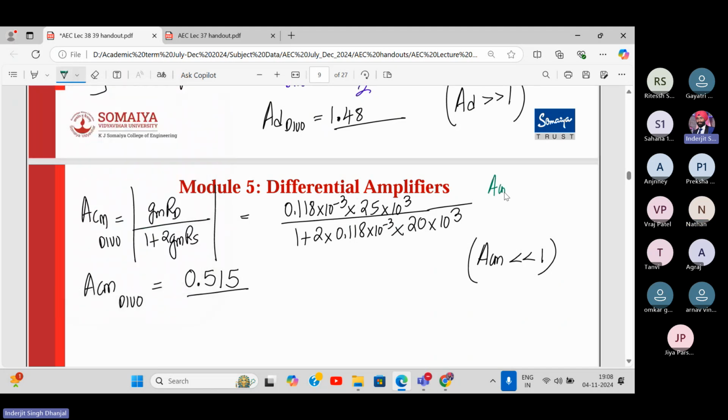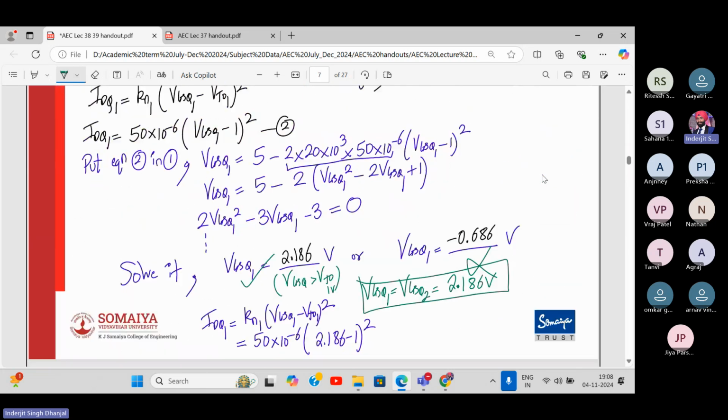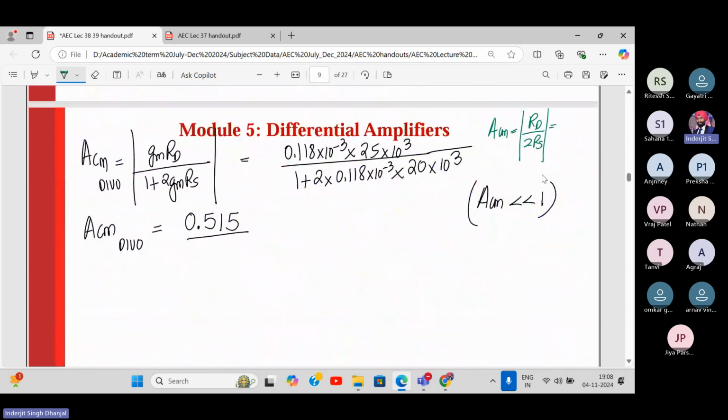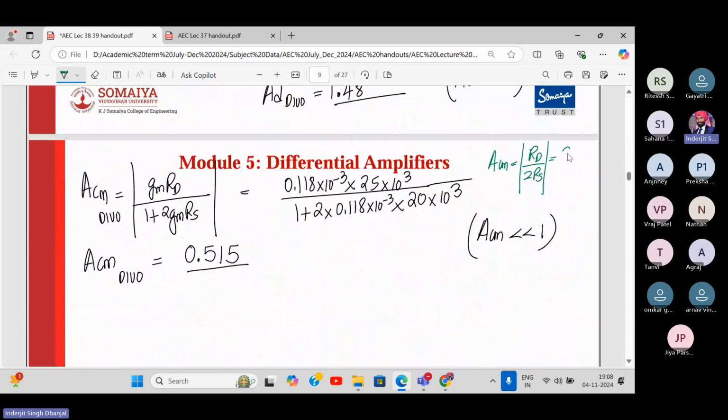What was the approximate formula? Mod of RD upon twice RS. Have we done this or not? ECM we have written now. Yeah, RD upon twice RS. So by this formula, what's the value? It's 25K divided by 2 into 40, 40K. Is this coming the same? This was the approximate formula. Just cross check this also.